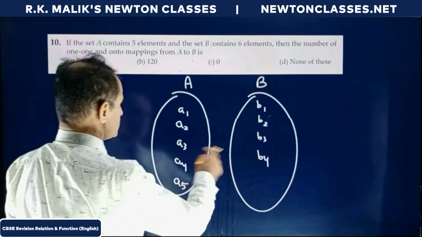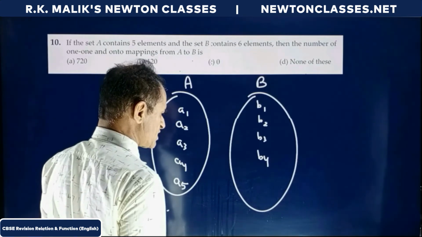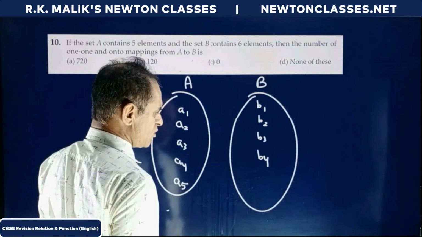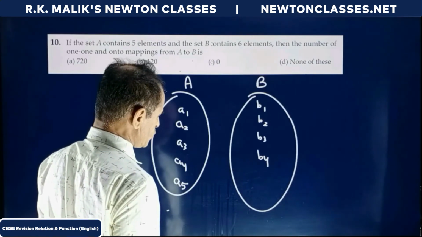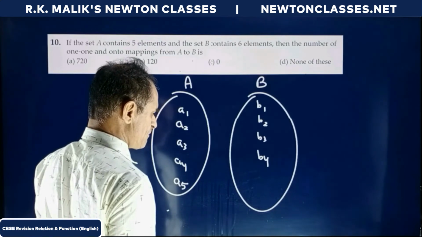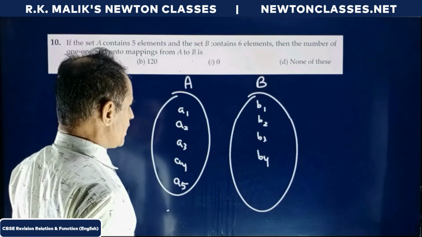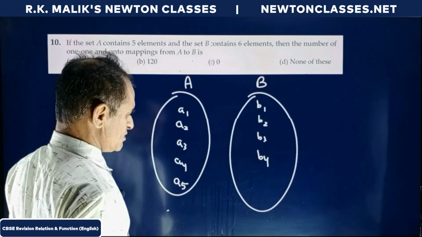And if the two sets contain an equal number of elements, then the function which is 1-1 will automatically become onto, and the function which is onto will automatically become 1-1. But all these things are true when I am dealing with sets having a finite number of elements.